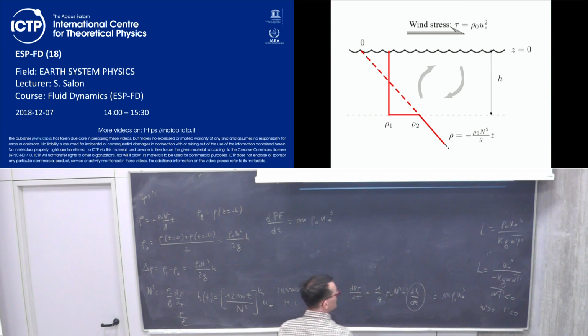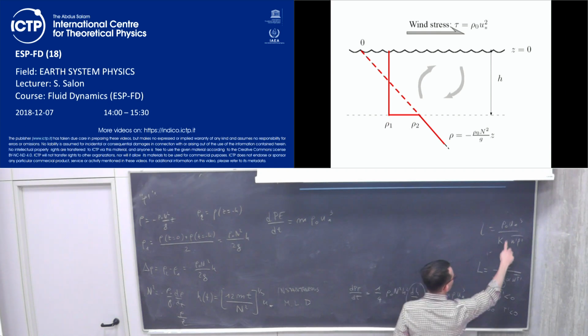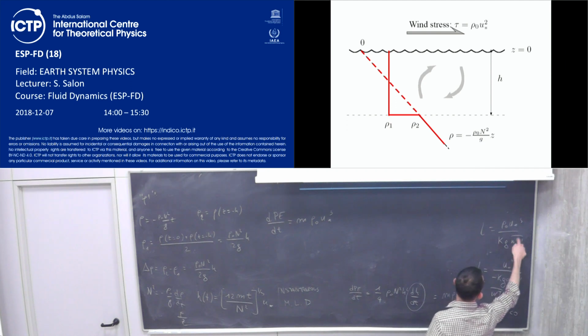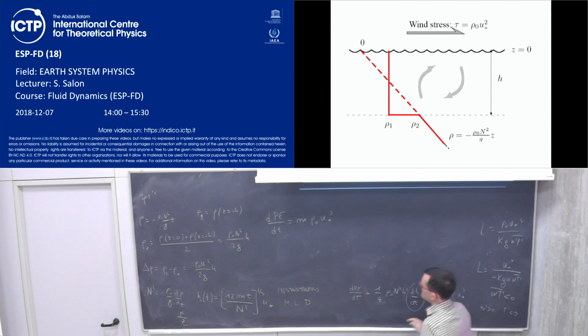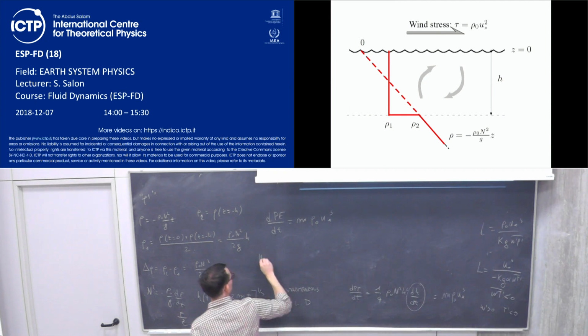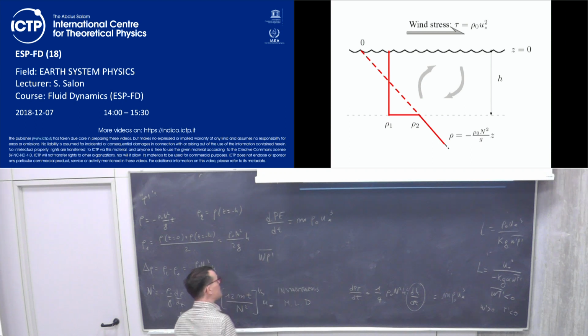So let's try to estimate for this problem each of these terms. Let's try to estimate the turbulent transfer of the density perturbation.